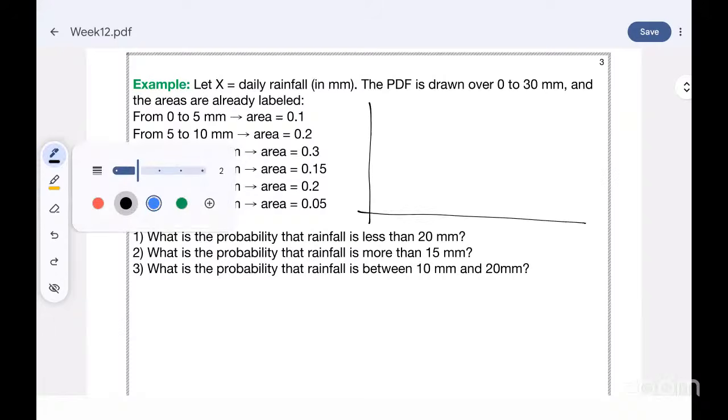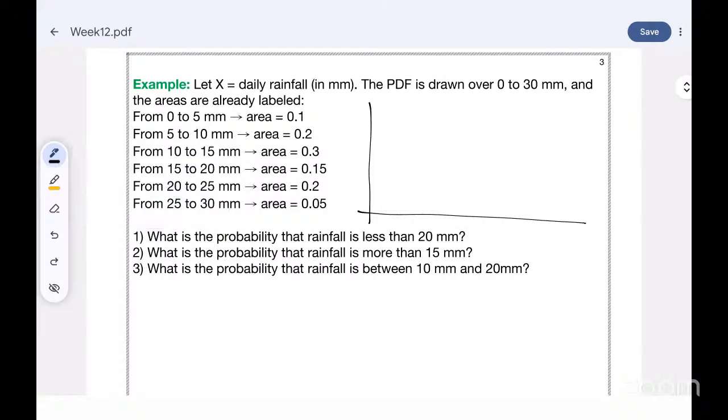Let me try to draw a rough graph. First I'll split it at 5, 10, 15, 20, 25 and 30.